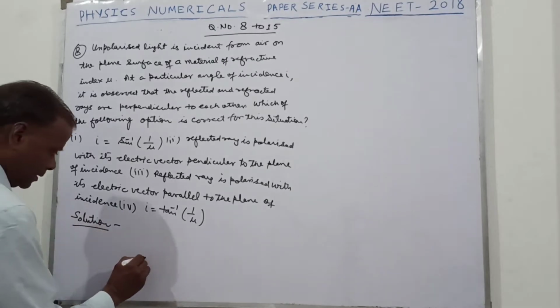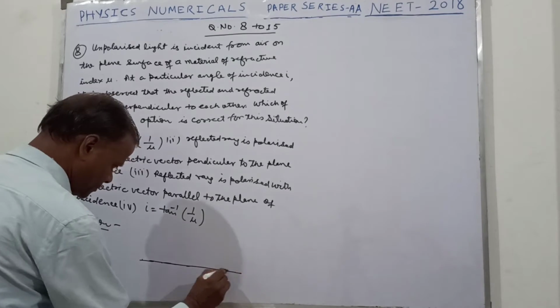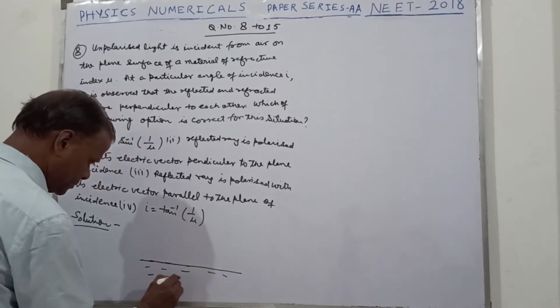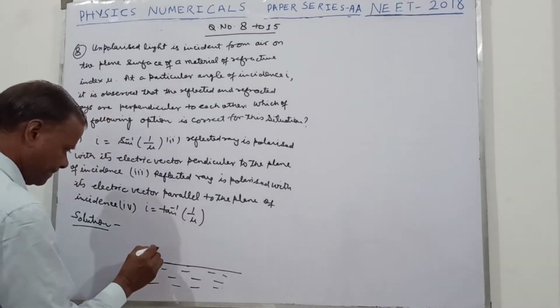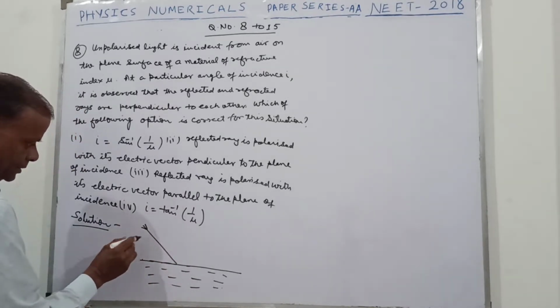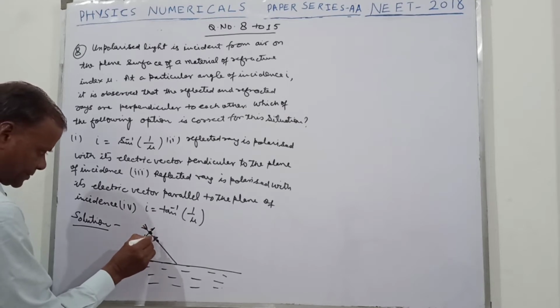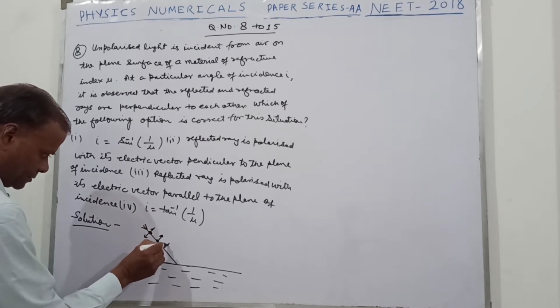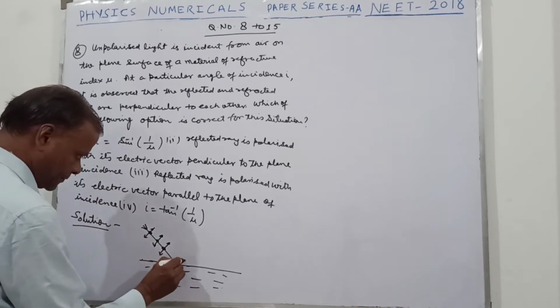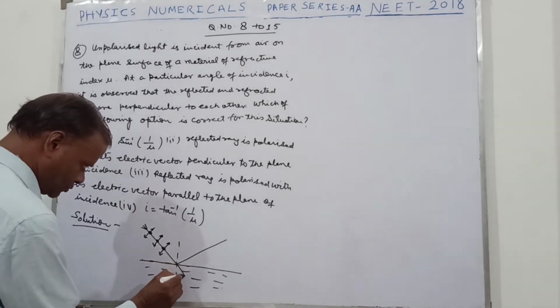Solution. Let this be the interface, this is the medium, and this is the incident light ray, and it has both kinds of vibrations. This is reflected and also it is refracted.